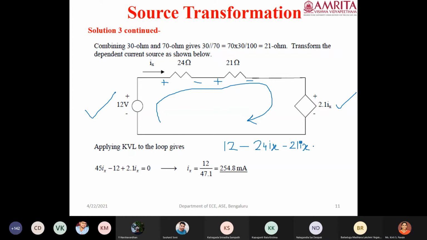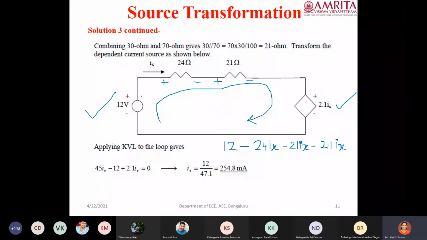Pardon me? Minus 2.1 Ix. You should take the voltage at the final reaching terminal. See here, I have started my journey from the minus of the 12 volts, so minus to plus.